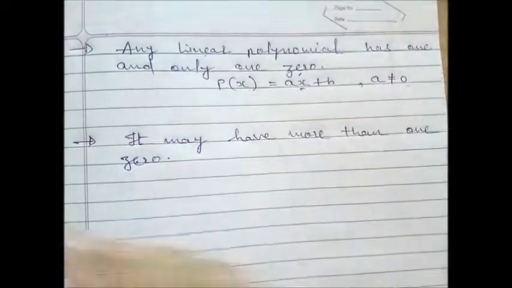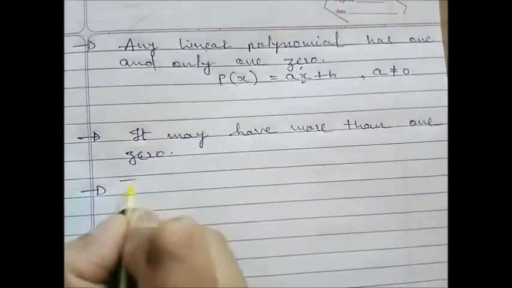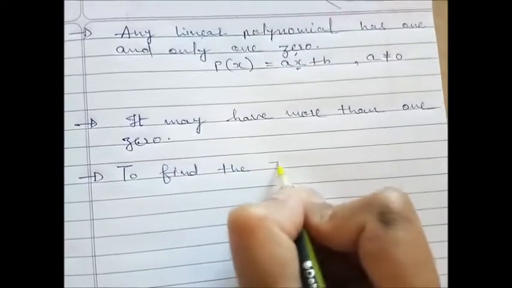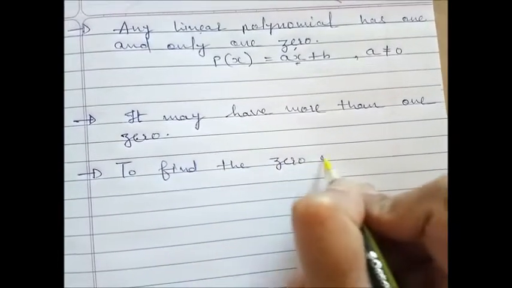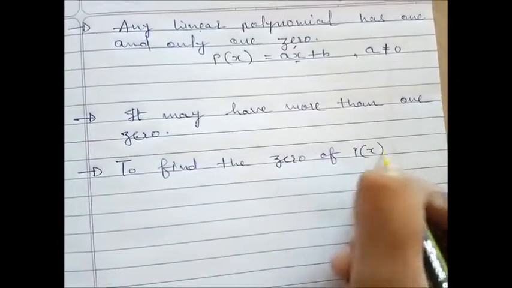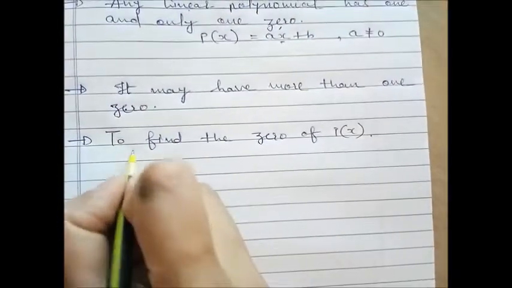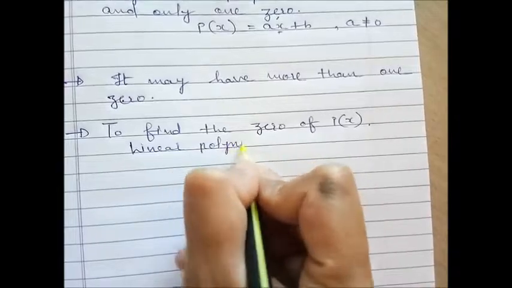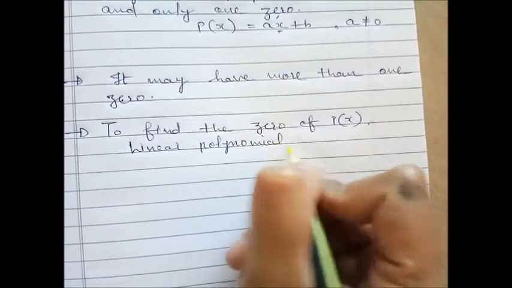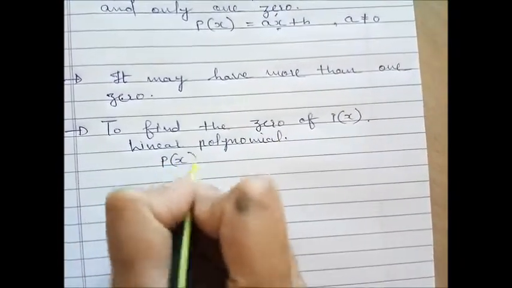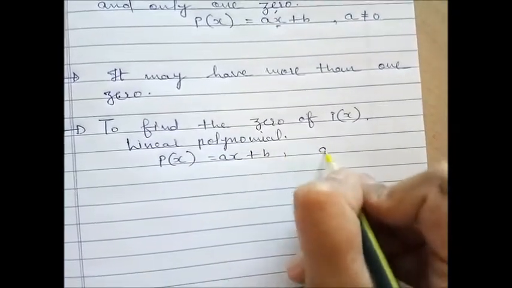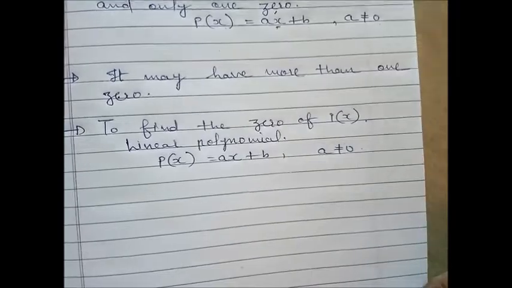So how to find the 0? To find the 0 of p of x, let's start with linear polynomial only, right? Linear polynomial. Now we know that a linear polynomial will always be in the form of ax plus b, where a is not equal to 0.